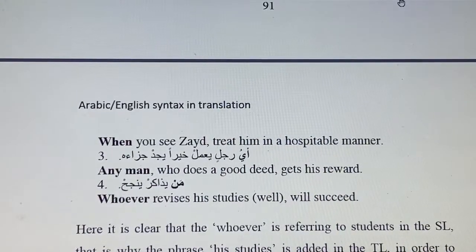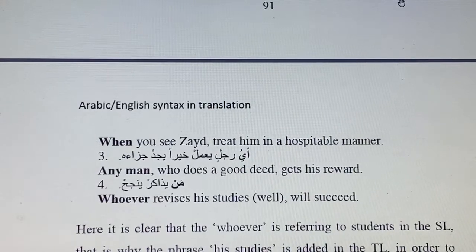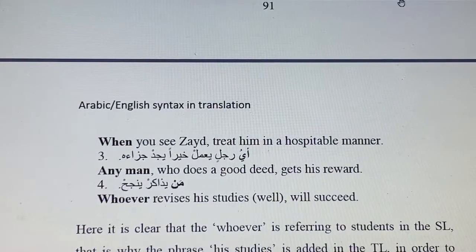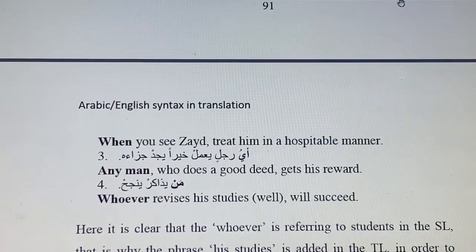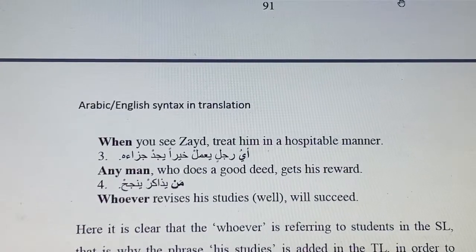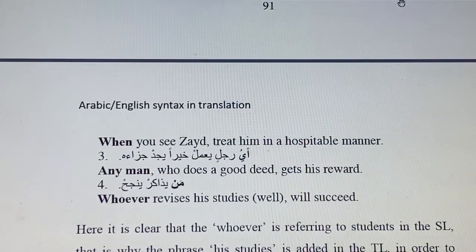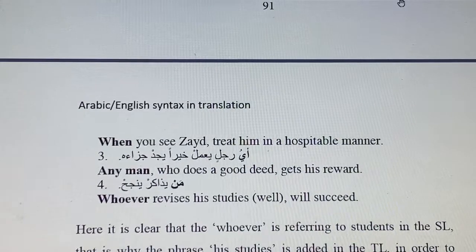When you see Zaid, try to, or if you see Zaid, because إما has got that kind of idea of conditional in Arabic. And then we have the next one, أي رجل يعمل خيرا يجد جزاءه.